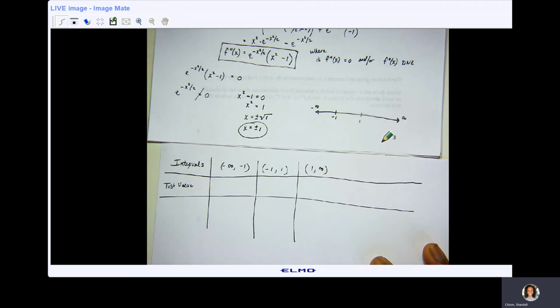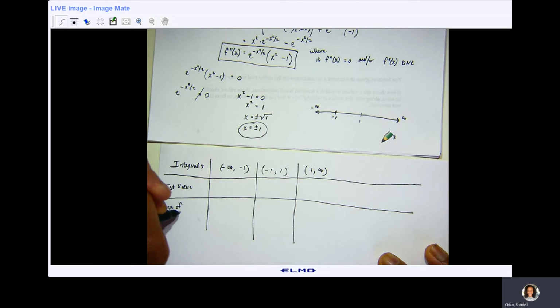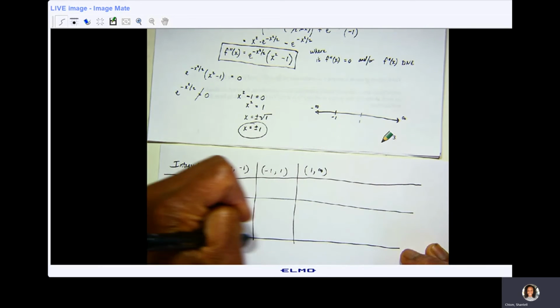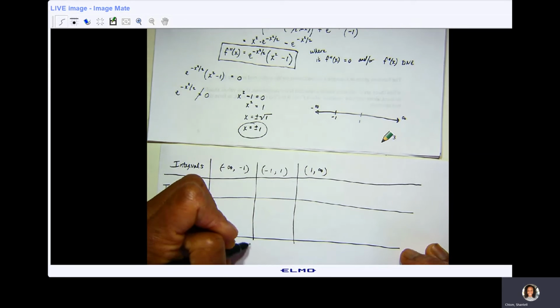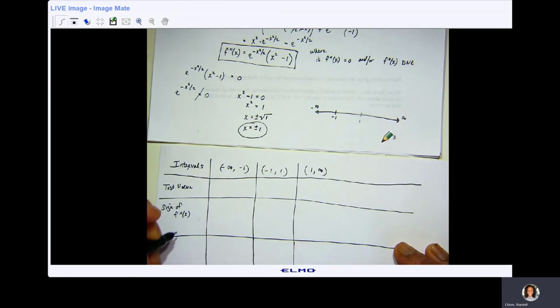Remember, we're going to see what that test value does to f double prime, whether it makes f double prime positive or negative. So we pick a test value within each of those intervals and look at the sign of f double prime, and that will help us determine what f is actually doing.